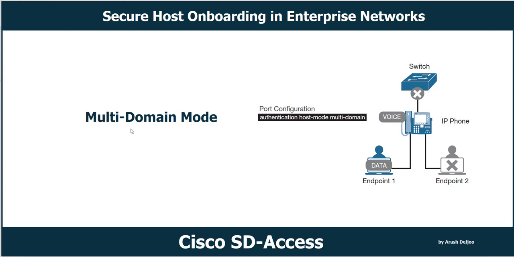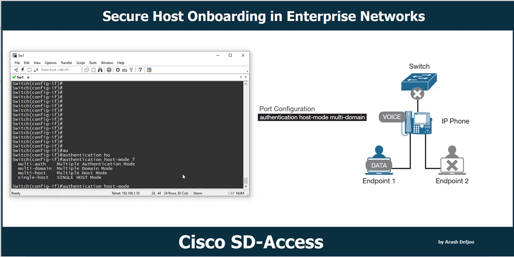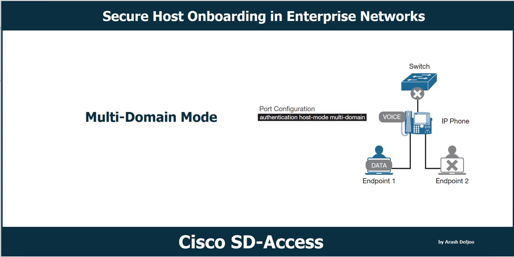The next mode is multi-domain mode, and you can configure it with authentication host mode multi-domain. Here you can see authentication host mode and then multi-domain. What does it mean? Multi-domain mode refers to two domains, data and voice. In multi-domain mode, also known as multi-domain authentication or MDA, an IP phone and a host connected behind the phone are authenticated independently.